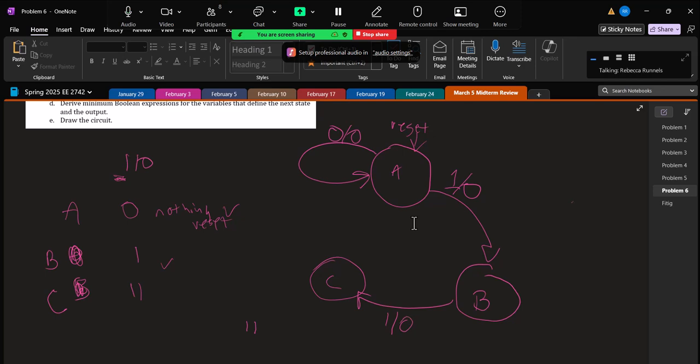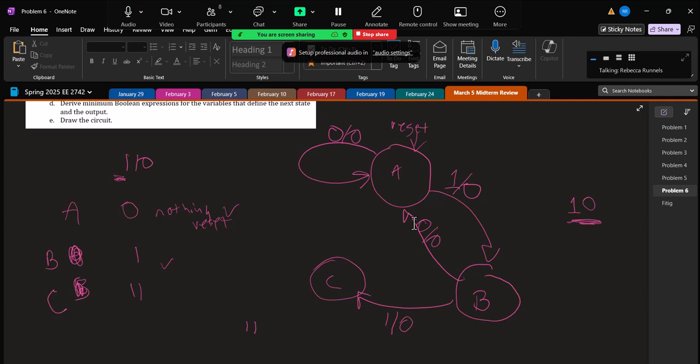But if we have a single 1 and we get a 0, all we have is a 1, 0. Do we really have anything? No. And so that would bring us back to state A. So if we get a 0, we have a 0.